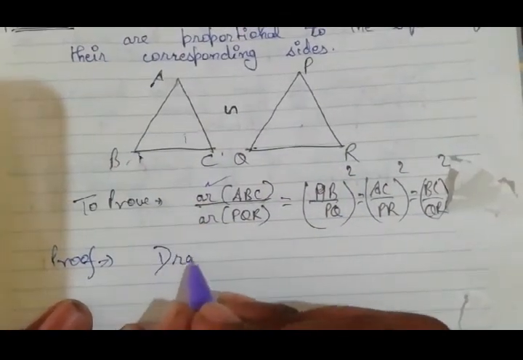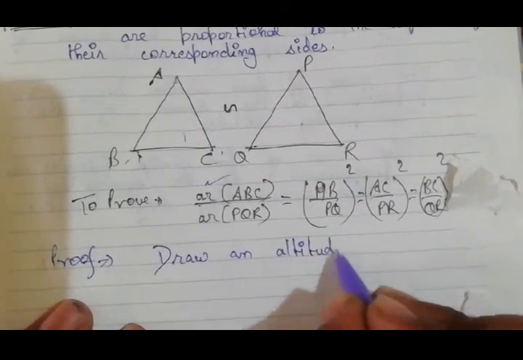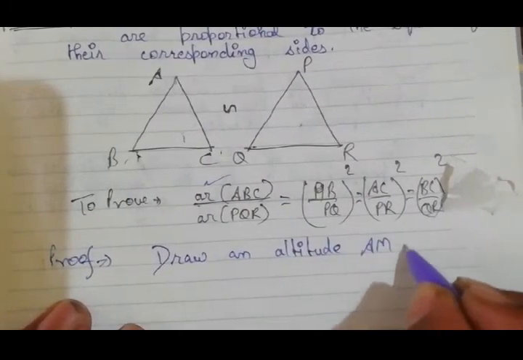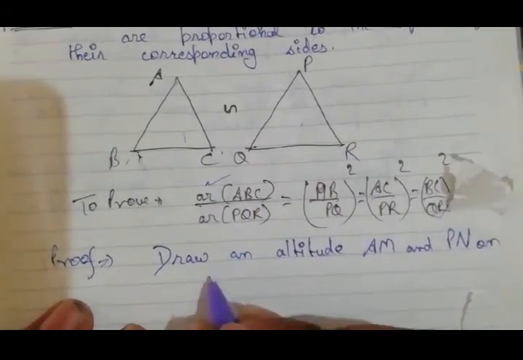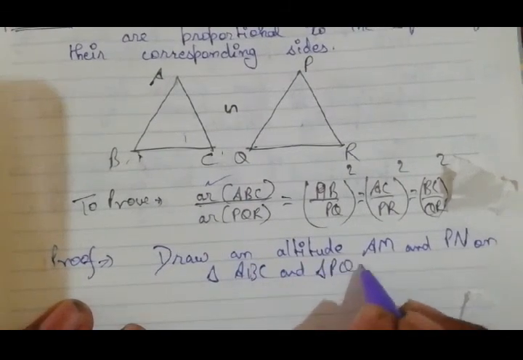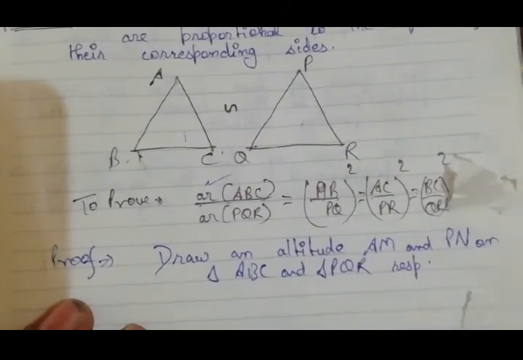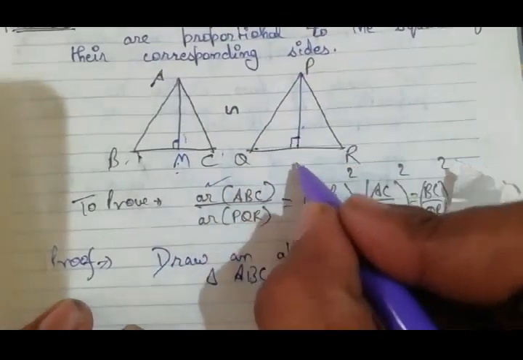So first of all we will draw altitudes AM and PN on triangle ABC and triangle PQR respectively. Okay, so here this will be the altitude AM, and here the altitude will be PN.